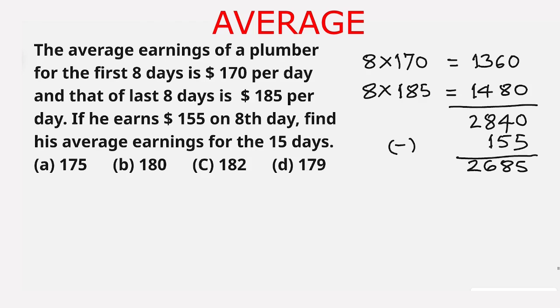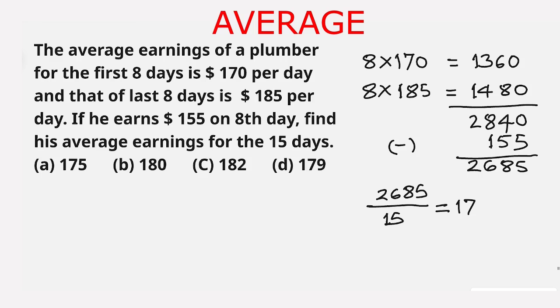Now we will find the average for 15 days. So this is 2685 divided by 15. 15 times 1 is 15. 26 minus 15 is 11. We carry 8, so it will be 118. 15 times 7 is 105. 118 minus 105 is 13.